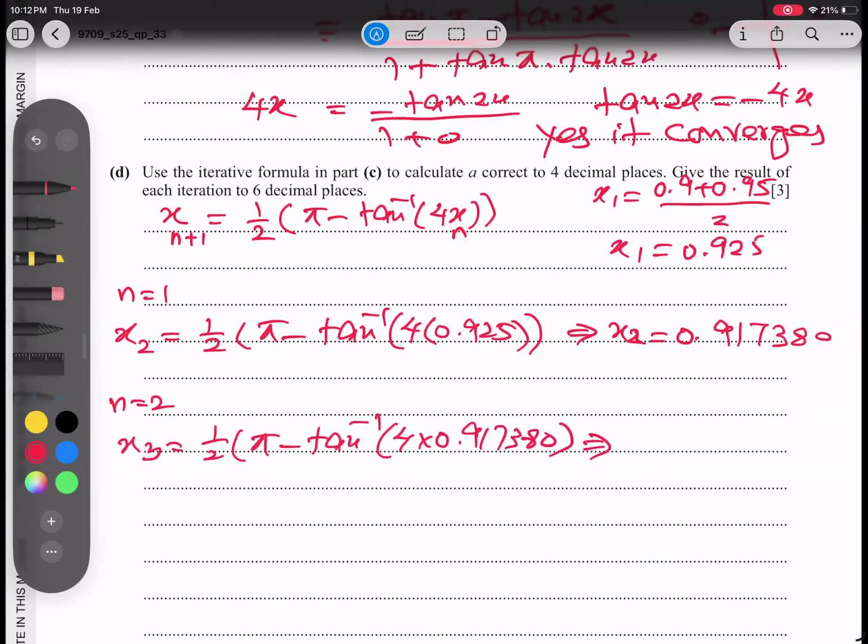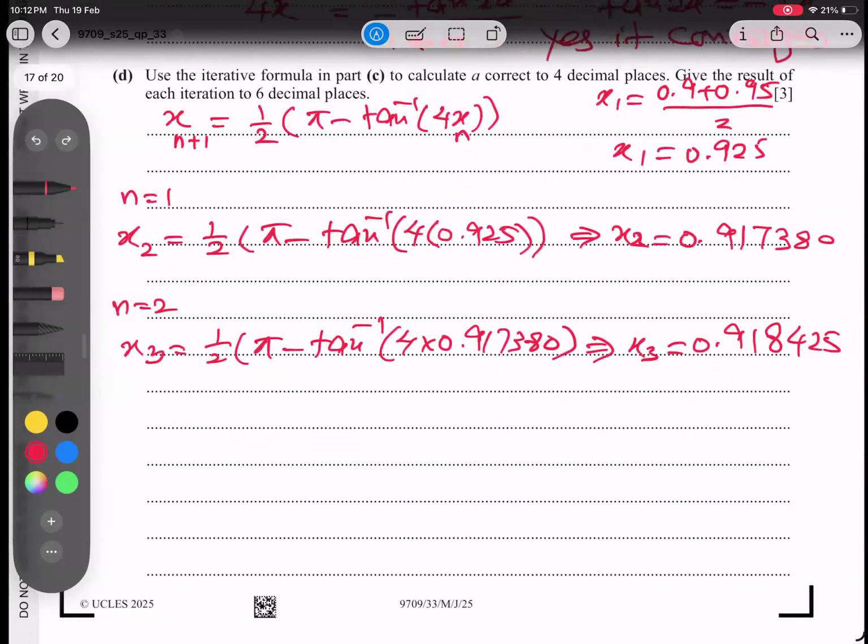It will give us x3. Let me check how I can get it. Hold on, I am typing in the calculator. My answer turns out to be 0.918425. Again 6dp. So you check it: 4dp must match. Is 4dp matching or not? No, still not matching. So we will continue.